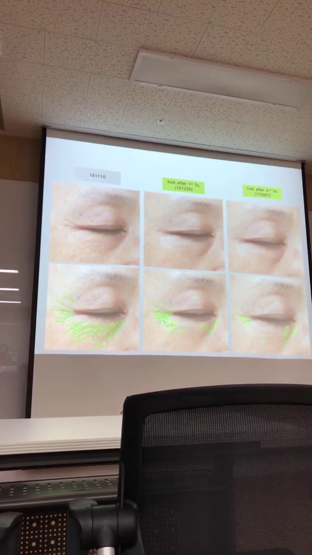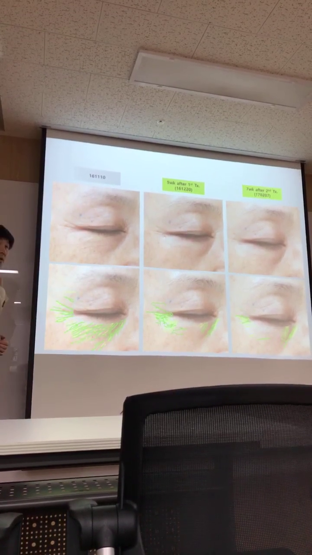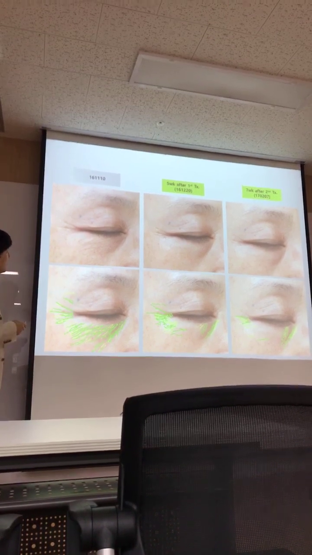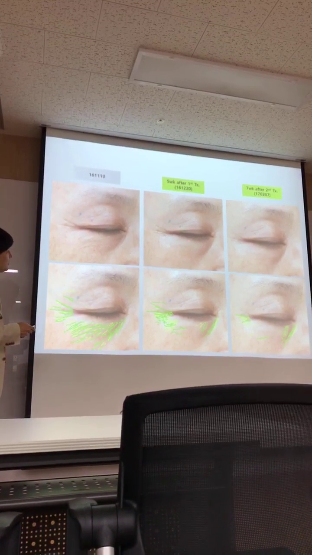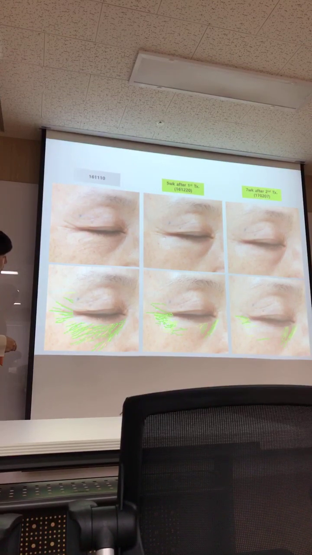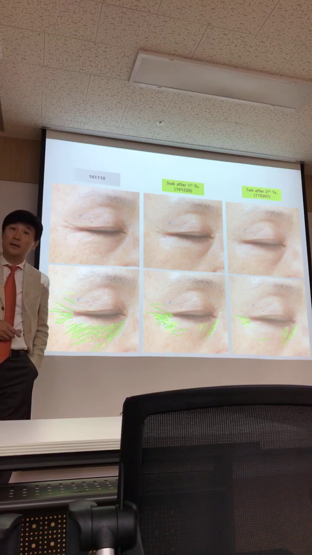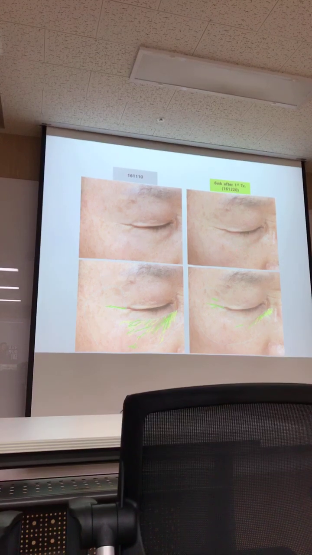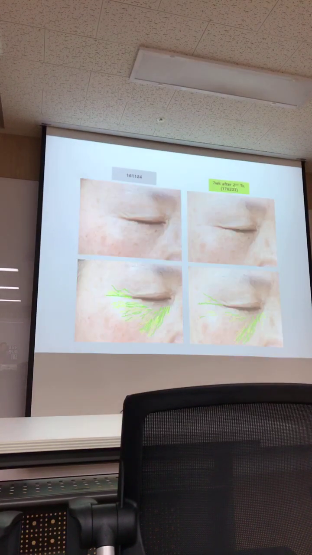We performed a clinical study with 20 eyelid wrinkle patients, and we took before and after photos of one session. This is after 2 sessions. You can see the wrinkle line is declining, before and after.